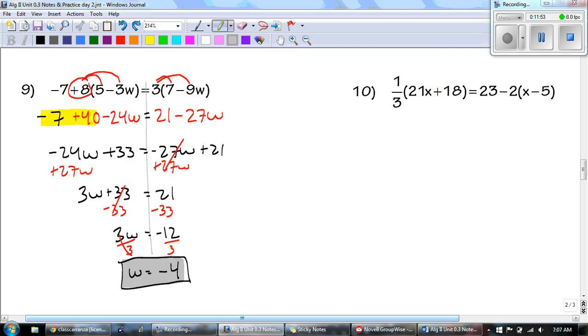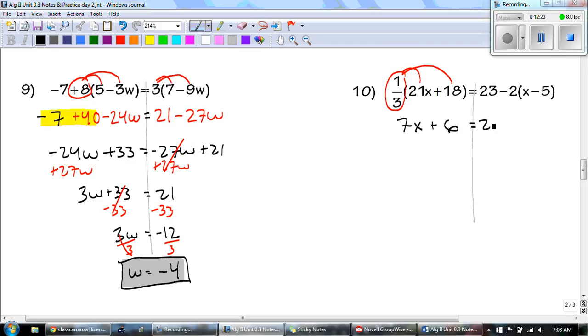All right. Number 10. Oh, man, there's a fraction. No, it doesn't mean you get to give up. All right. So we're going to do this in our heads. 1 times 21 is 21, and 21 divided by 3 gives us 7x. 1 times 18 is 18, and 18 divided by 3 is 6.